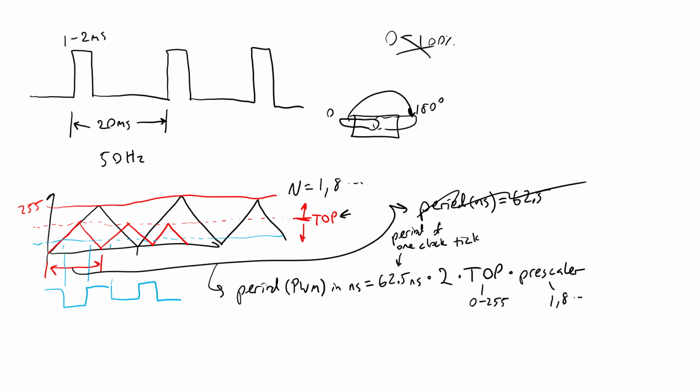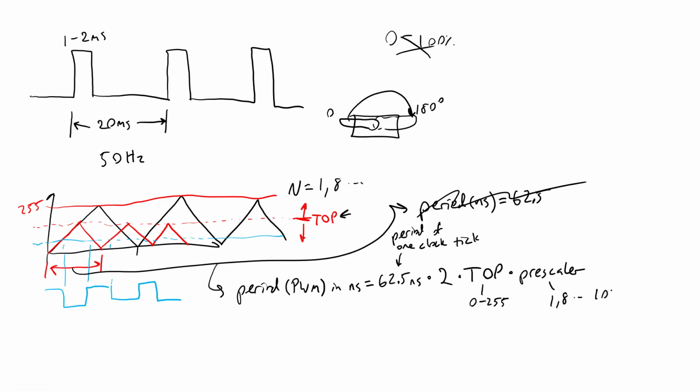But since there are only limited values available for the prescaler, you can sort of do a guess and check and pick a value for the prescaler, then calculate the top value. So I am just going to take a shortcut here and tell you that for the servo control period that we want, we are going to pick a prescaler of 1024.